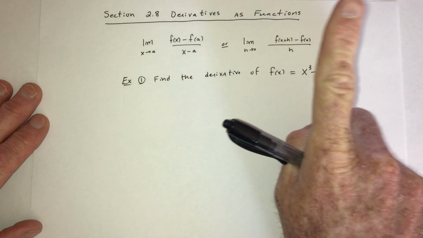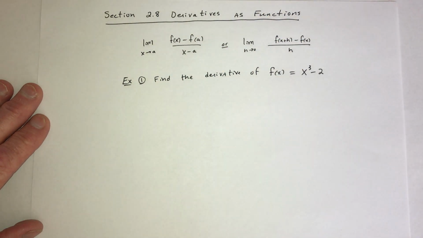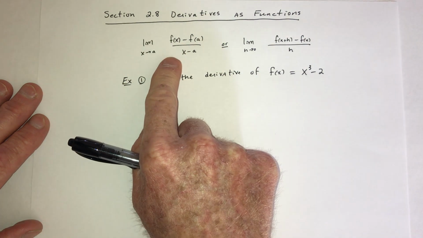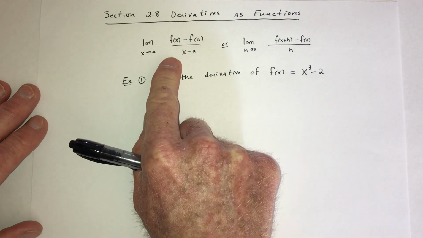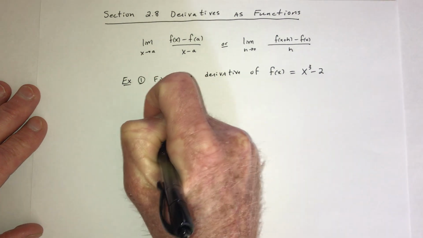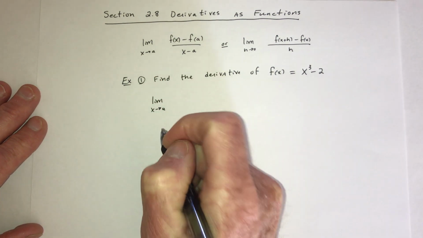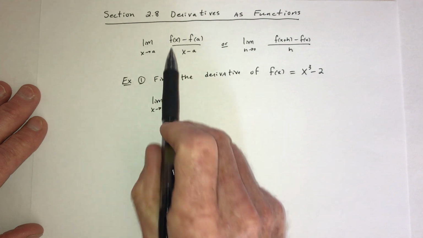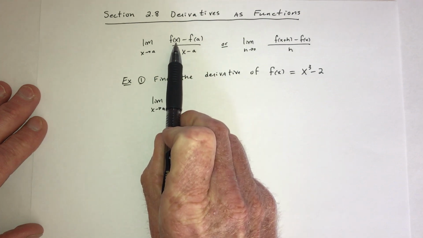This one or this one? Sounds like I got more votes for this one, so we're going to use this one. So it's going to be the limit as x approaches a, and then whatever the function is, you just put it right here. So this is going to be the x cubed minus 2.